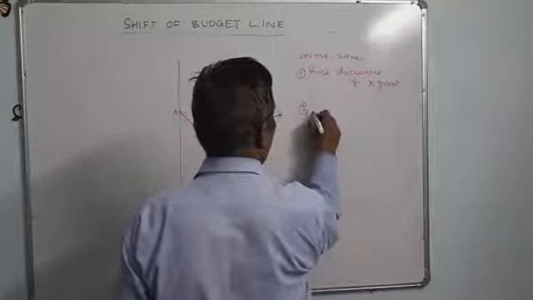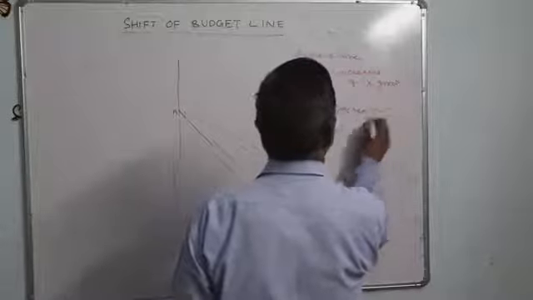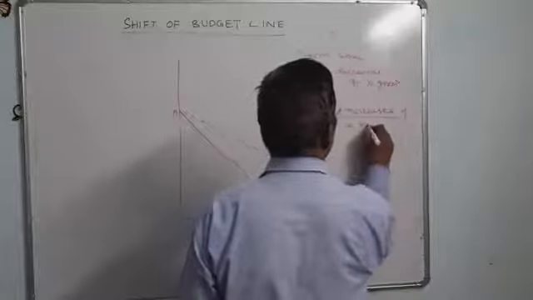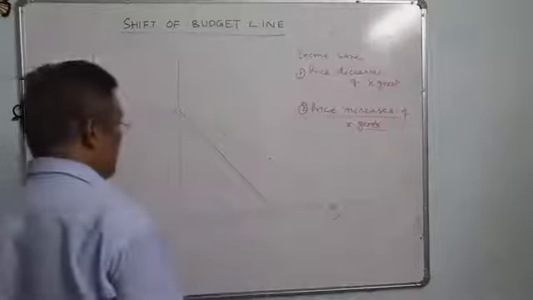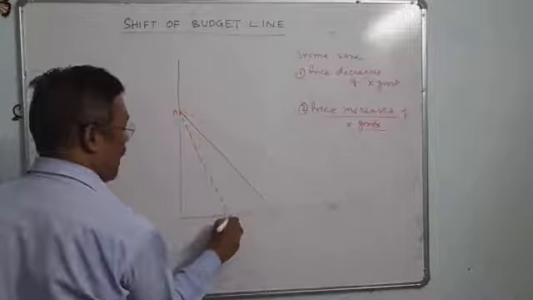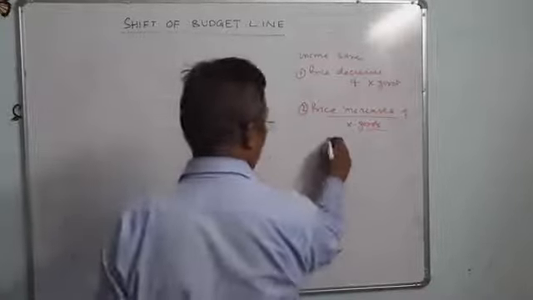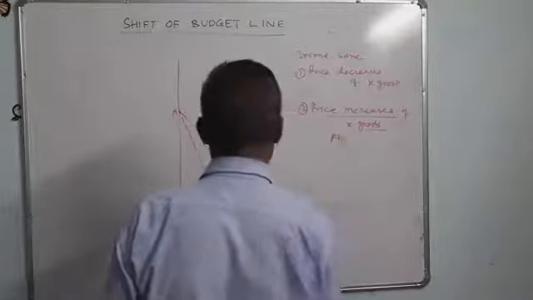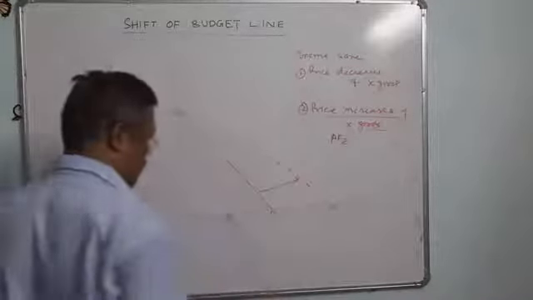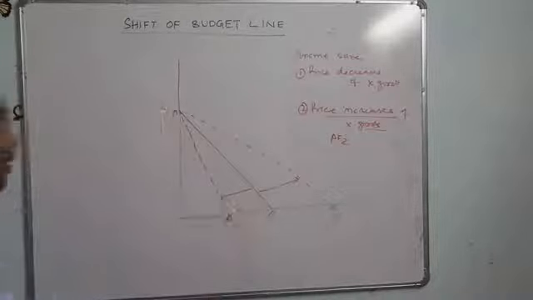Second condition: the price of X goods increases, so X goods will be less demanded. That will be AF2, the new budget line. When the price decreases, it shifts toward the right, only on the x-axis. When the price increases, it shifts toward the left.